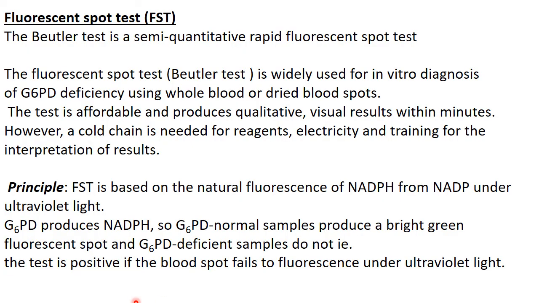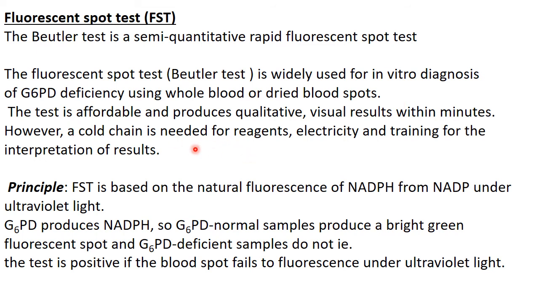Coming on to the next test, that is fluorescent spot test, FST. It is also called Butler's test, which is a semi-quantitative rapid fluorescent spot test. Fluorescent spot test is widely used in vitro for diagnosis of G6PD deficiency using whole blood, or dried blood spots can also be used.